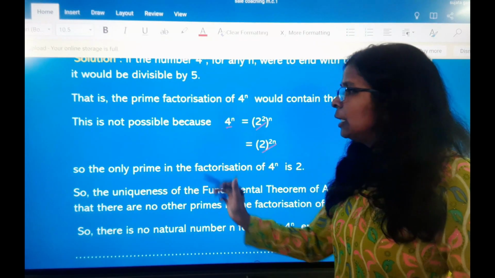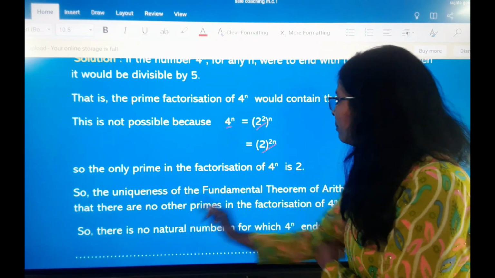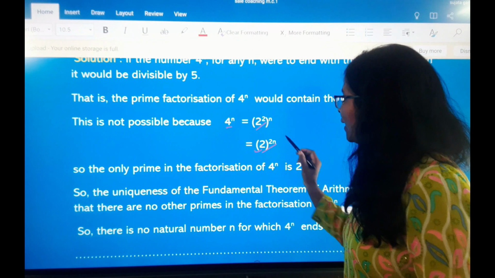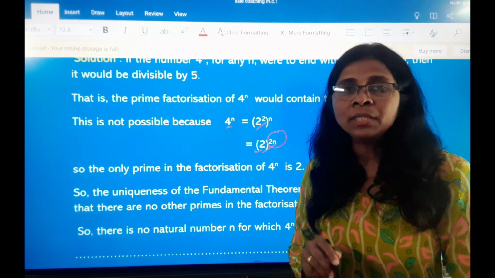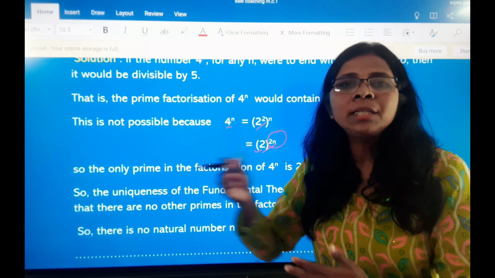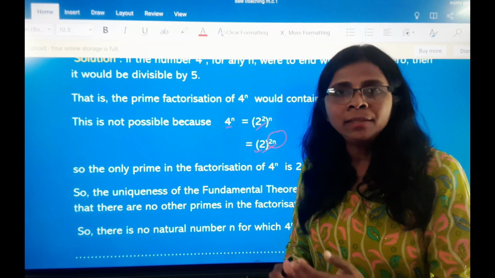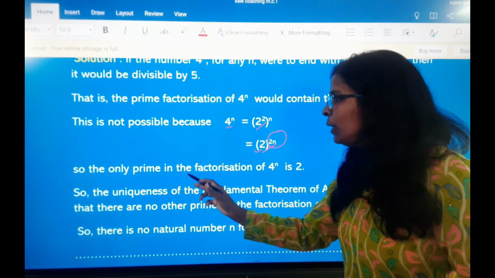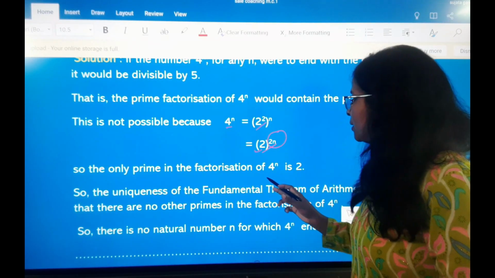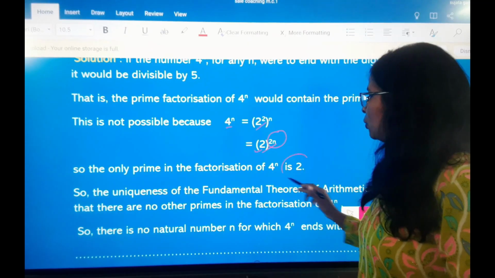So here the base is 2, and 2n is a multiple of 2, and that means the only prime in the factorization of 4n is 2.